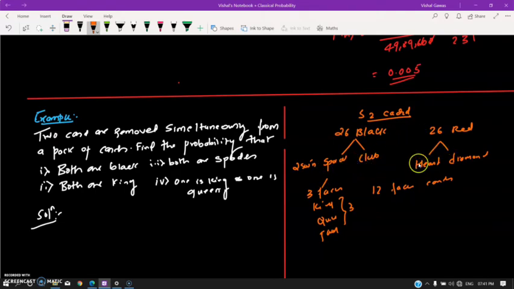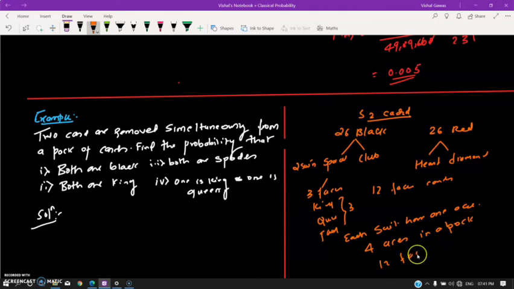And each suit has one ace, which is supposed to be the biggest, the strongest card when we play a card game. So there will be four aces in a pack, and 12 face cards, three face cards in a suit.